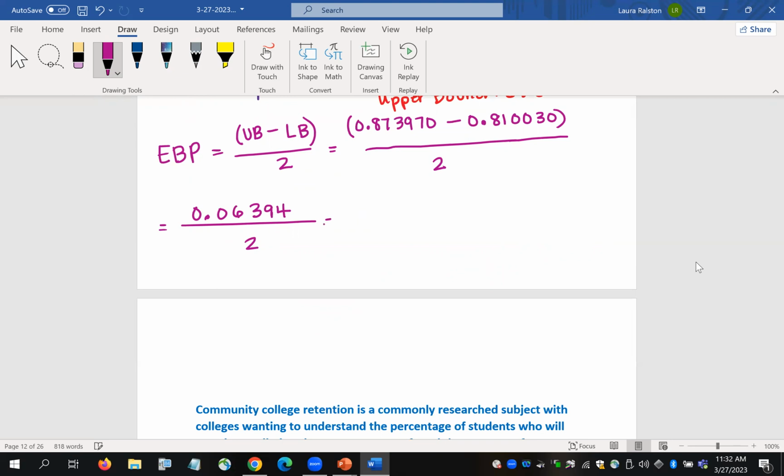I'm using my handheld calculator, which gives me 0.06394. I'm then going to divide that by 2. Divided by 2 gives me 0.03197. So the error bound for my proportion is 0.03197.